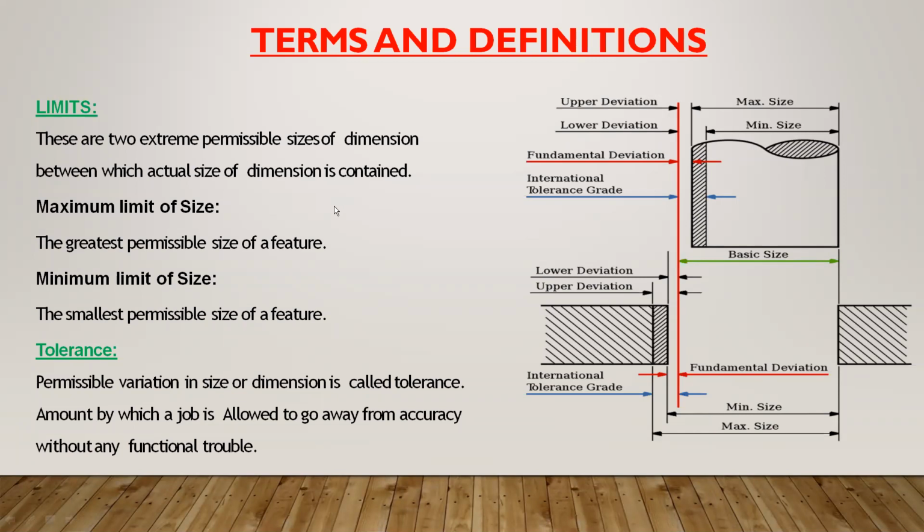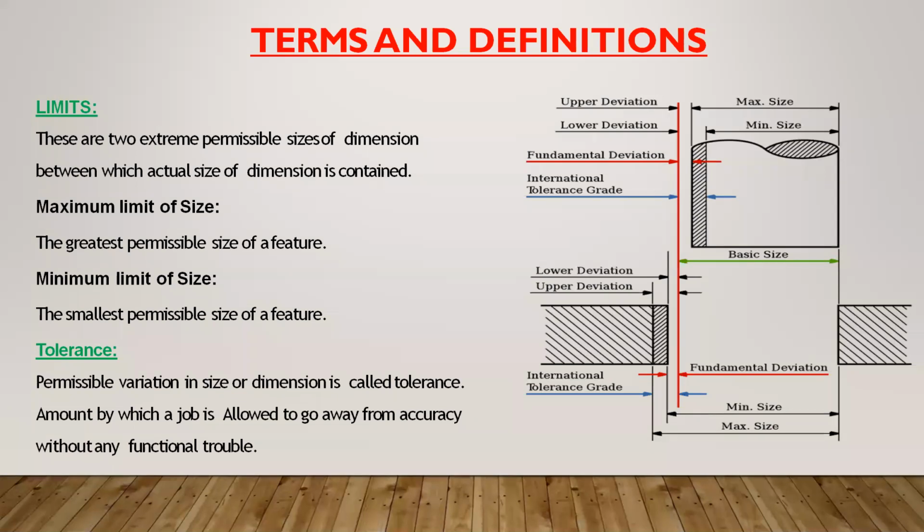So when you look at the actual size of a dimension, which is constrained, there are two extreme permissible sizes of the dimension between which the actual size is contained.